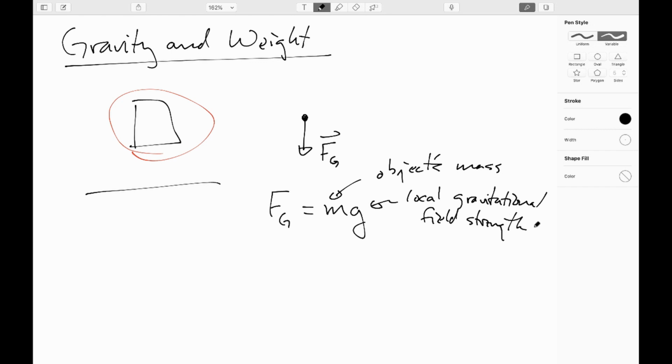Now, we don't really need to get into what fields are just here. That's something that we'll get into more when we study electricity and magnetism.